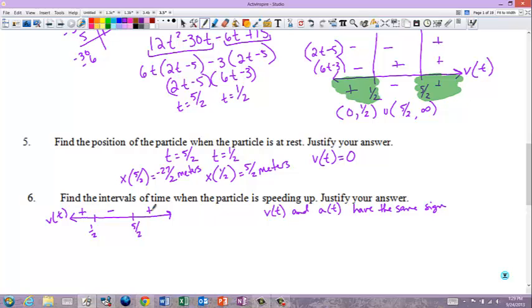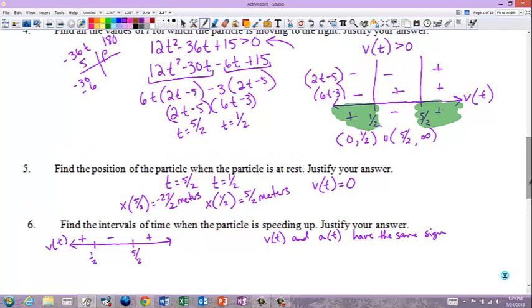Well, my acceleration is my derivative of velocity. Well, if velocity is 12t squared minus 36t plus 15, that makes my acceleration, 2 times 12 is 24, t minus 36.